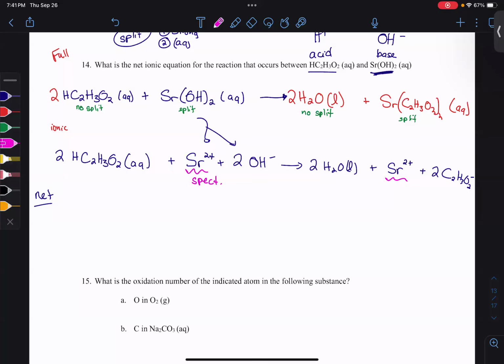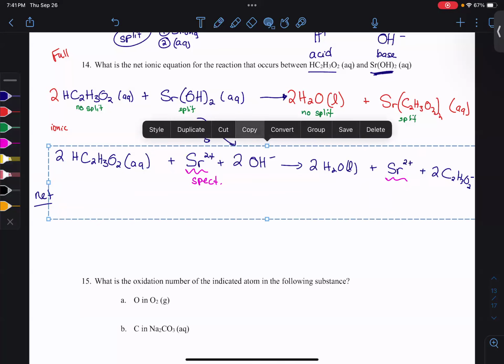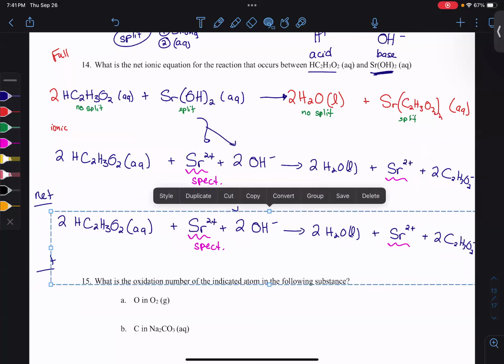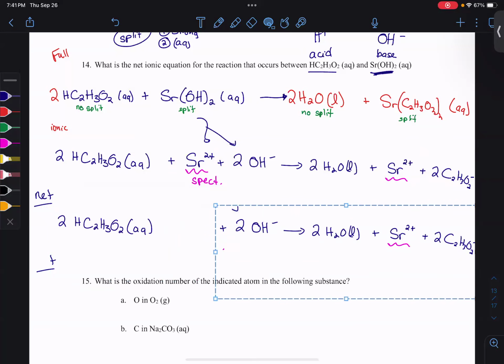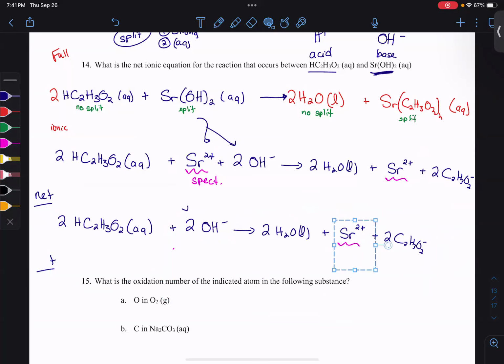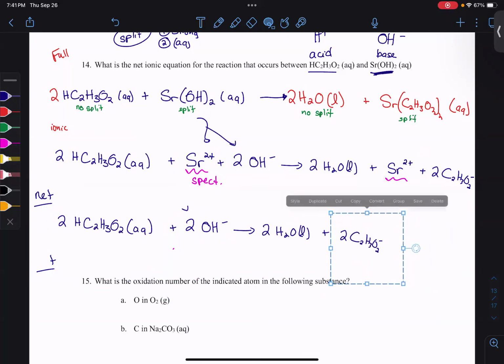So to get the net ionic equation, we're going to just rewrite this whole thing without the strontiums. What this does is it really cleans up this reaction so there's not as much stuff written.